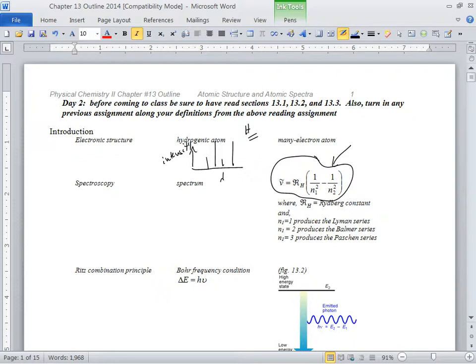So the Bohr frequency condition, here's an expression for it, but it pretty much just means what? How does that correlate with this?